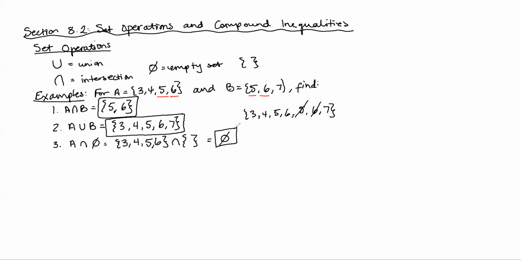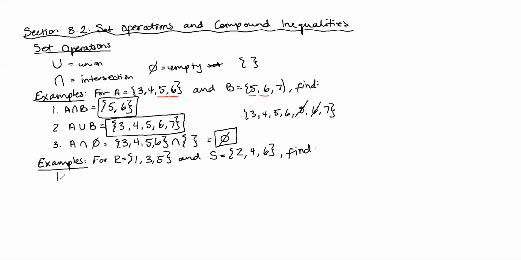Okay, so now let's go ahead and look at one more example here. This one's going to be for two different sets. So for R equals 1, 3, 5, and S, which is 2, 4, and 6, we're going to go ahead and find R intersect S, and we're also going to find R union S. So now that we've done that first one together, I would go ahead and pause and try this one.